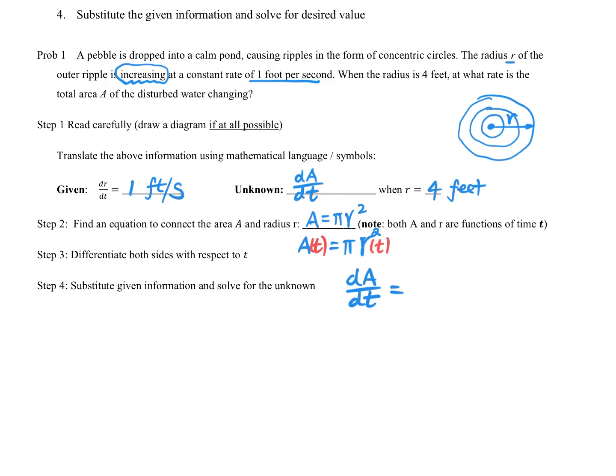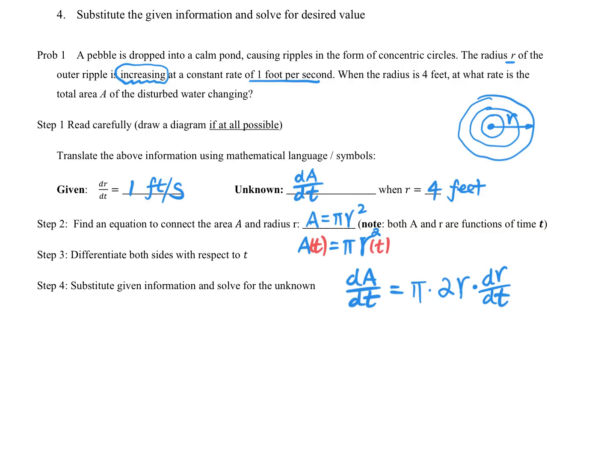So according to the chain rule, we'll have pi times 2 times r, the general power rule, times the derivative of the inner function, which is dr/dt. So the chain rule is used right there.